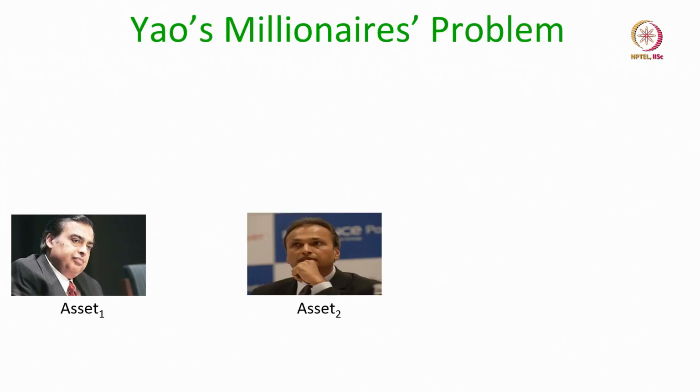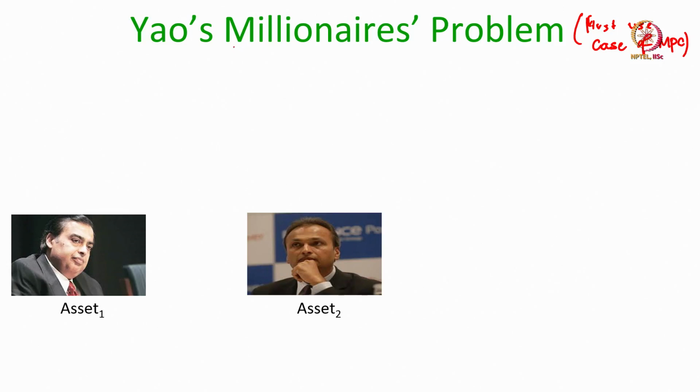Consider another interesting problem, the Millionaires problem, and in fact this is the first use case of MPC. The problem of MPC was introduced by Turing Award winner Andrew Yao in his seminal paper, and in his paper he motivated the problem with this example.